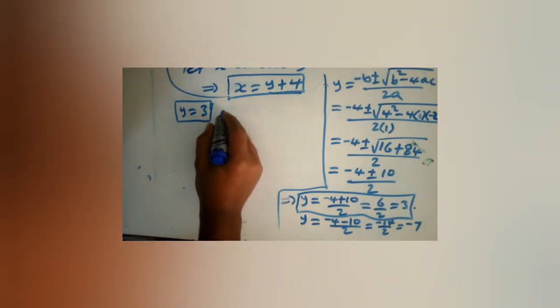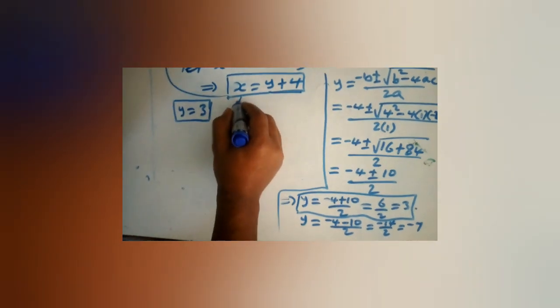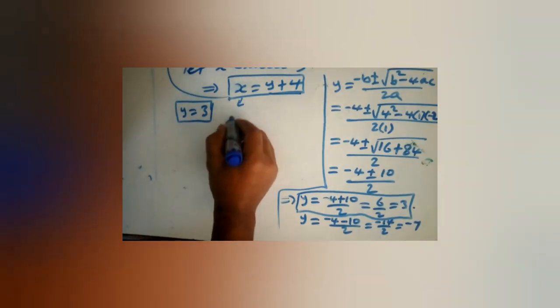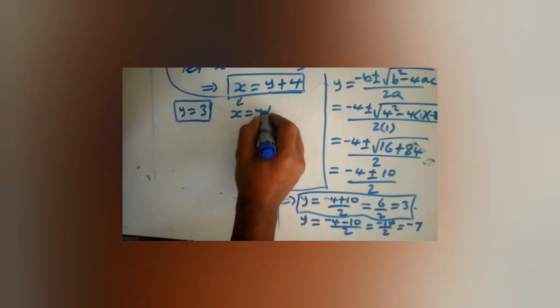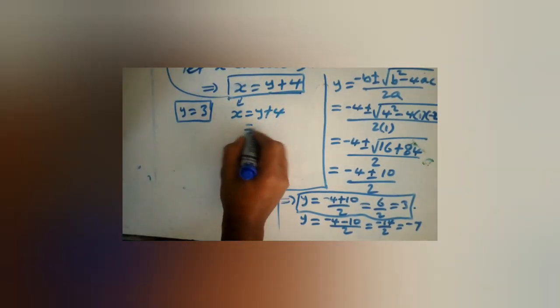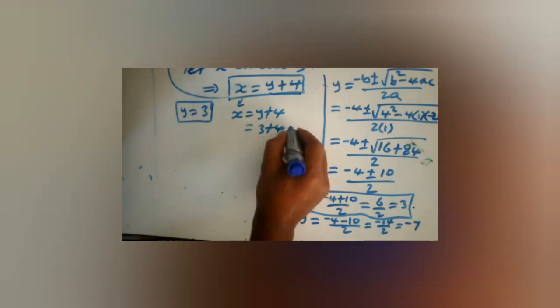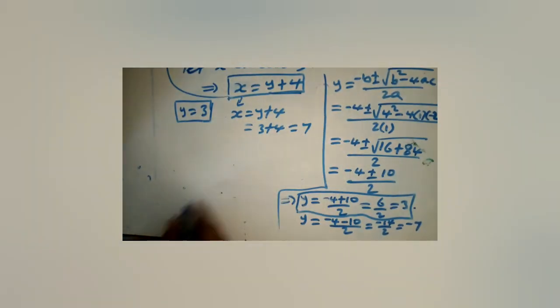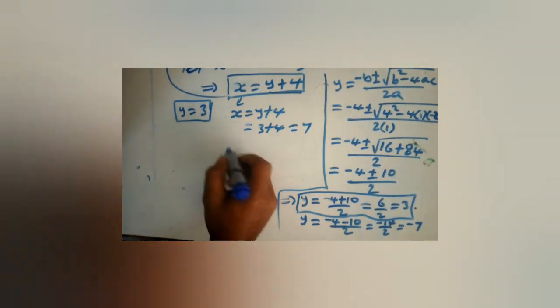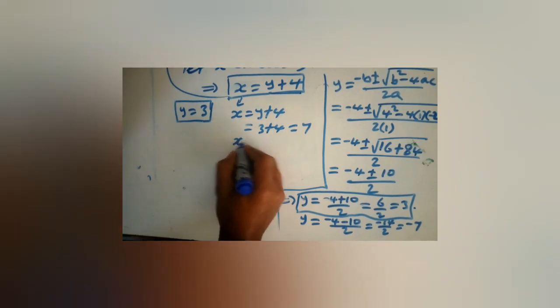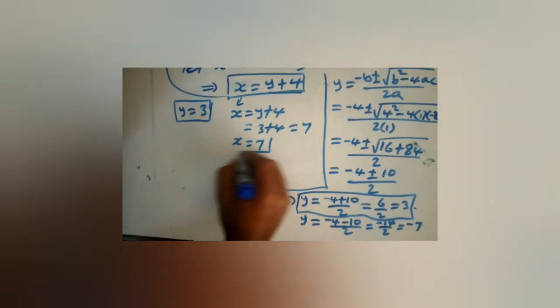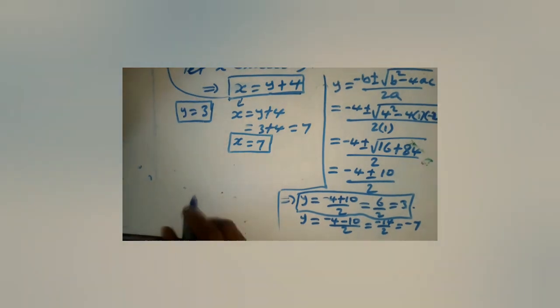To find the other side, we use the equation x = y plus 4. Choosing y = 3, we get 3 plus 4 equal to 7, thus x = 7 is the other side.